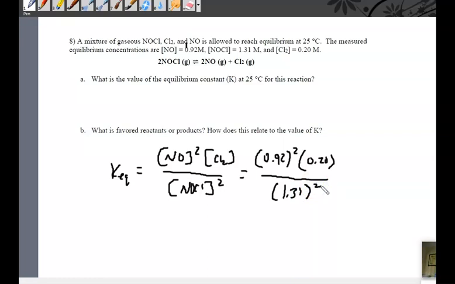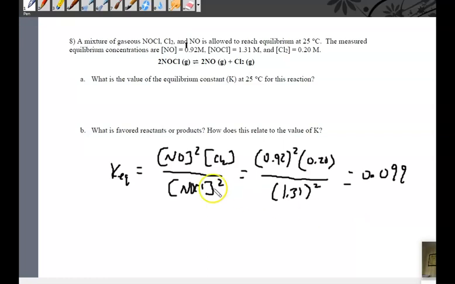So 0.92 squared times 0.2 divided by 1.31 squared. And I get 0.0, let's see how many sig figs. 2 sig figs. 0.099. Is that what you guys get? Making sure we're all on the same page. Yeah, okay.